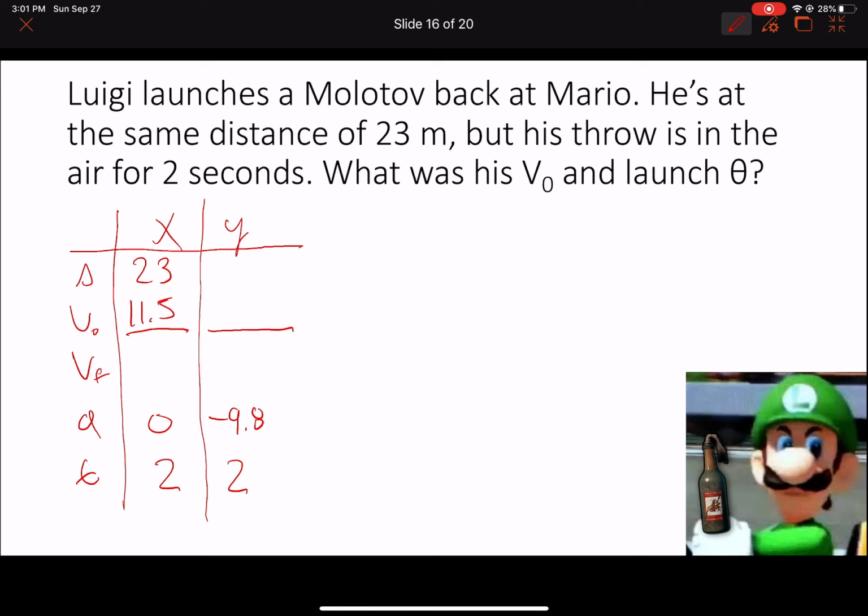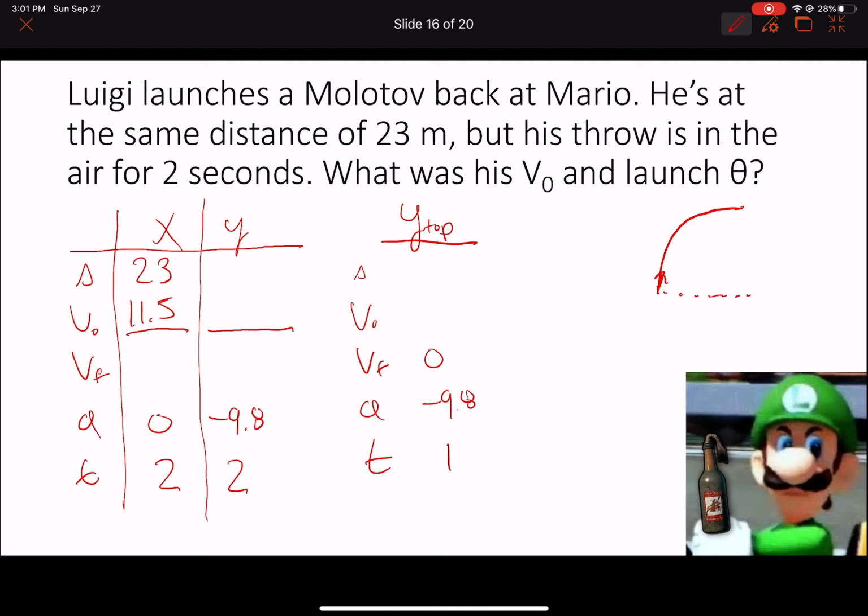Well, again, we're going to split this problem in half. So let's do y to the top again. So again, we're thinking about this motion from the start to the top. Again, we don't know delta y here. We don't know V naught here, but we do know Vf is 0. We know A is -9.8, and we know the time is 1, because we're going half the time.